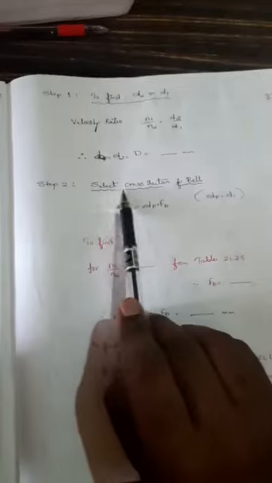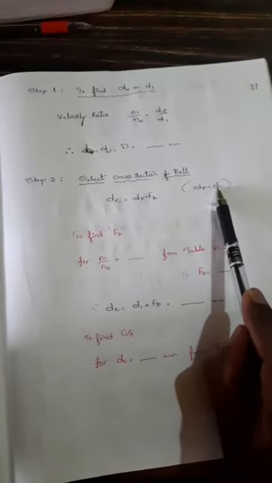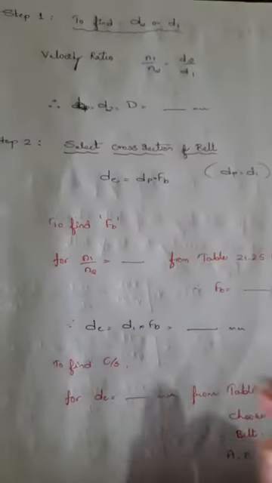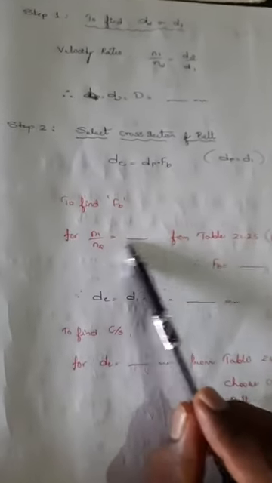Next, step 2, select the cross section of the belt. We have the formula DE equals dP into FB. dP is nothing but D1, the pitch diameter, the smaller diameter. FB is the diameter factor. To find FB, first divide N1 by N2 to get the ratio.